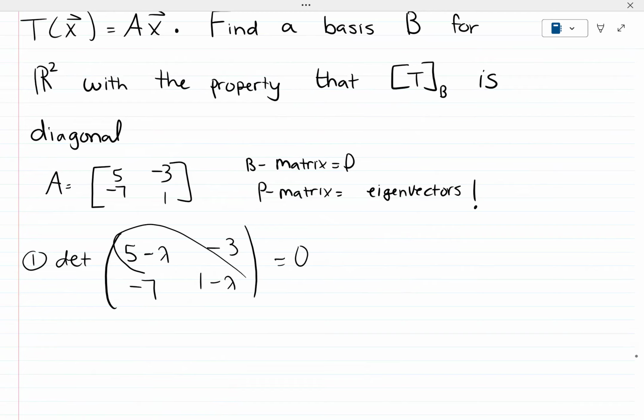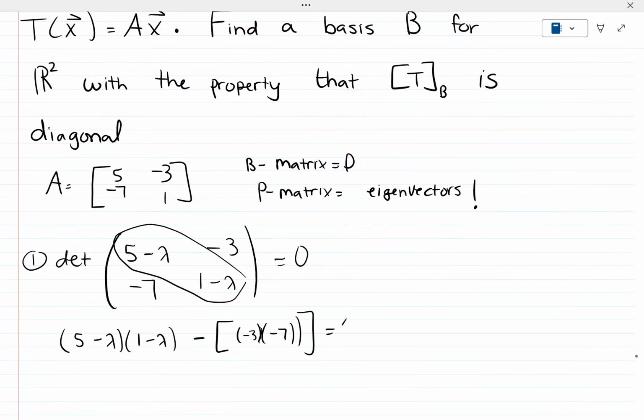It's just this times this, major minus minor. So it's going to be 5 minus lambda times 1 minus lambda, minus bracket, and then -7, -3. That equals 0.